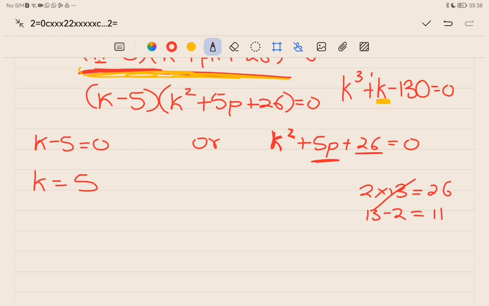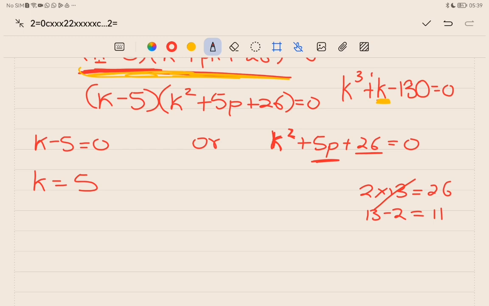Let's try other ones. 3 won't work, 4 won't work, 5 won't work, 6 won't work, 7 won't work, 8 won't work, 9 won't work, 10 won't work.